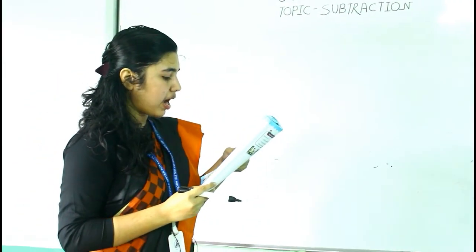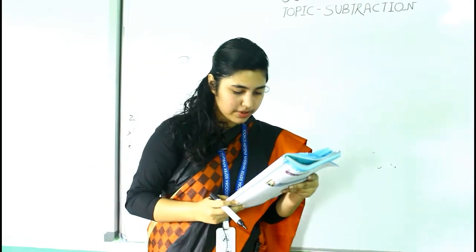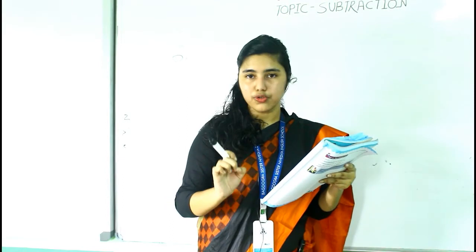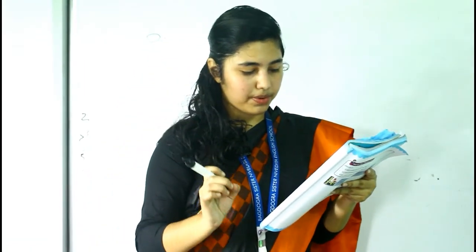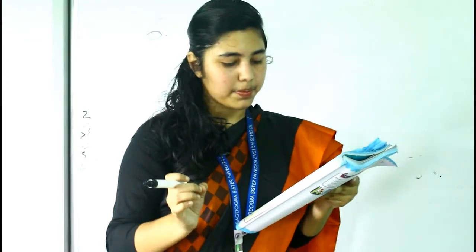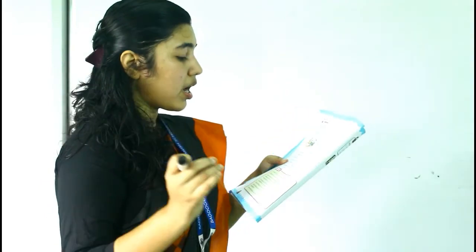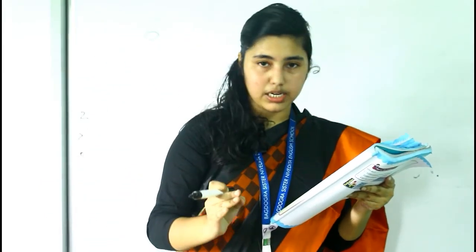Now come to your question number 6. Here, by how much is 5240 greater than 3565? Here 5240 is our bigger number and 3565 is a smaller number. So we have to find how much 5240 is greater than the smaller number 3565.